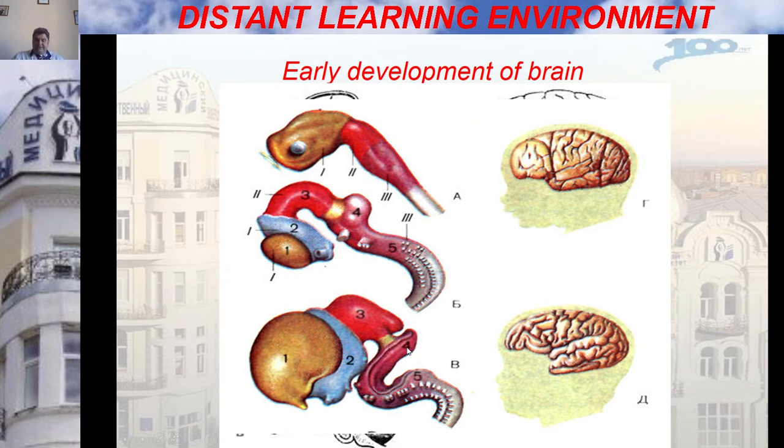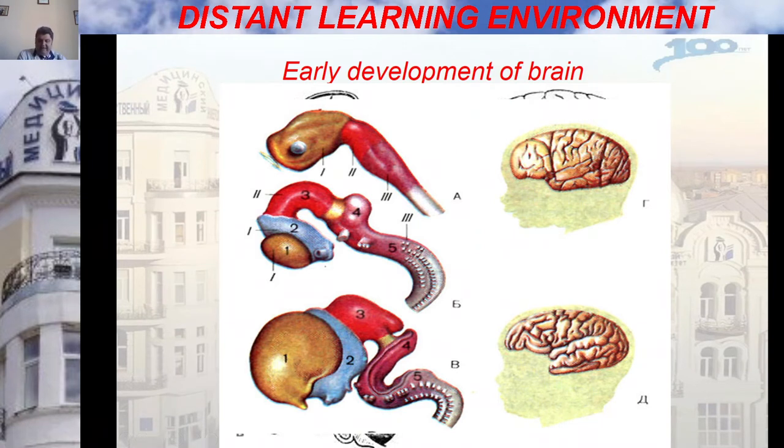A narrow constriction, the isthmus rhombencephali, you may see in yellow color here between the rhombencephalon and the mesencephalon, between hindbrain and midbrain. So the isthmus rhombencephali separates the metencephalon from the midbrain.